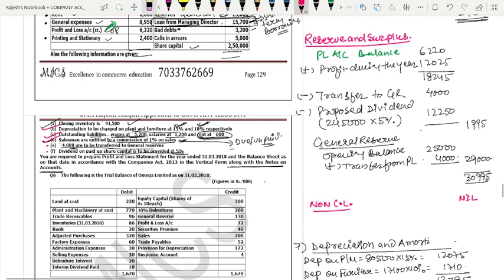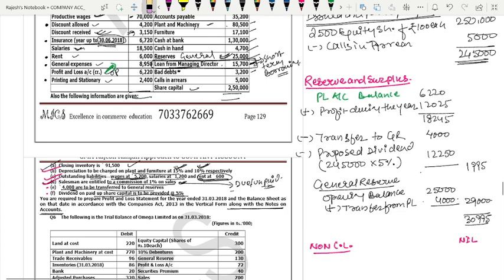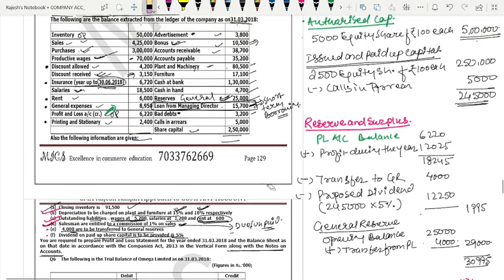Just a minute, I have to erase it. Current liability. What about the current liability? Account payable is there. This is trade payable. Is there any bills payable?